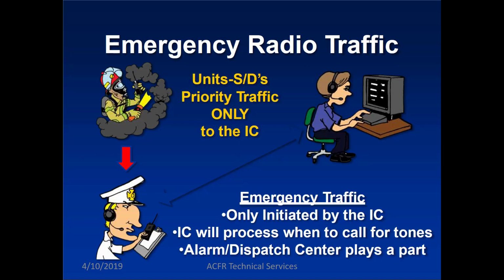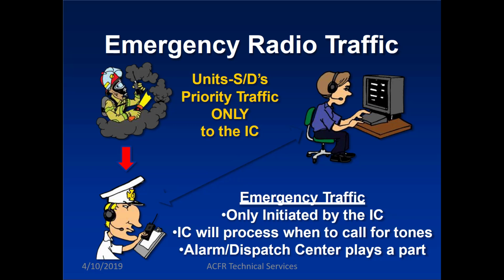So emergency radio traffic. This is for units and sections and divisions, and it's priority traffic only to the IC. So units will talk within their sections, divisions, priority traffic only to the IC. And then emergency traffic is only initiated by the IC.